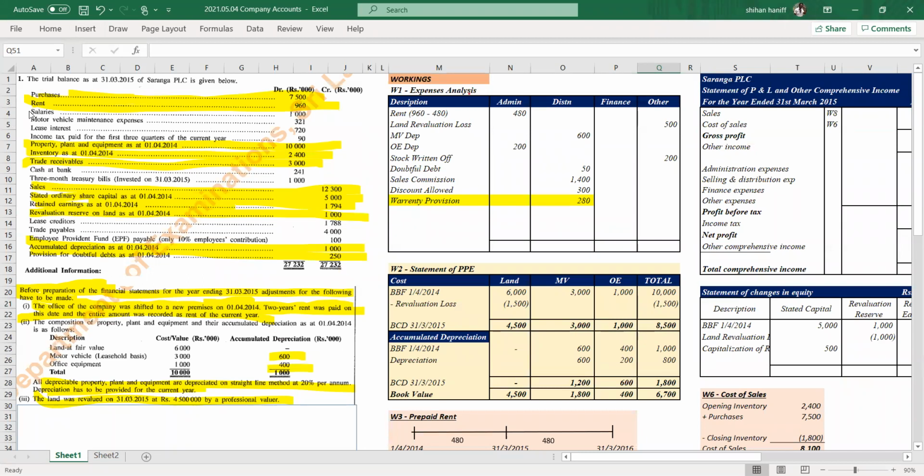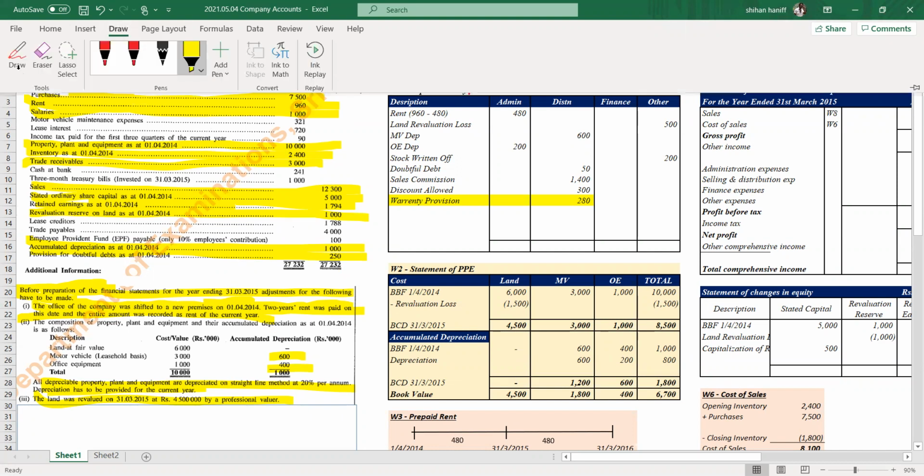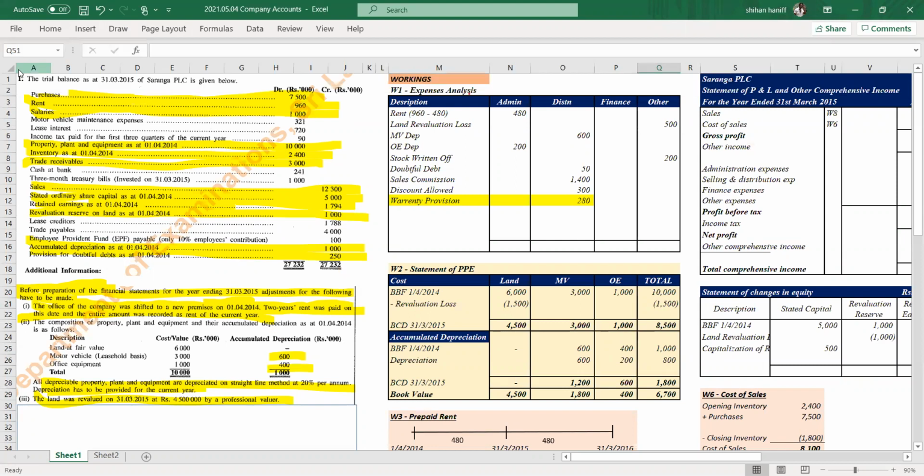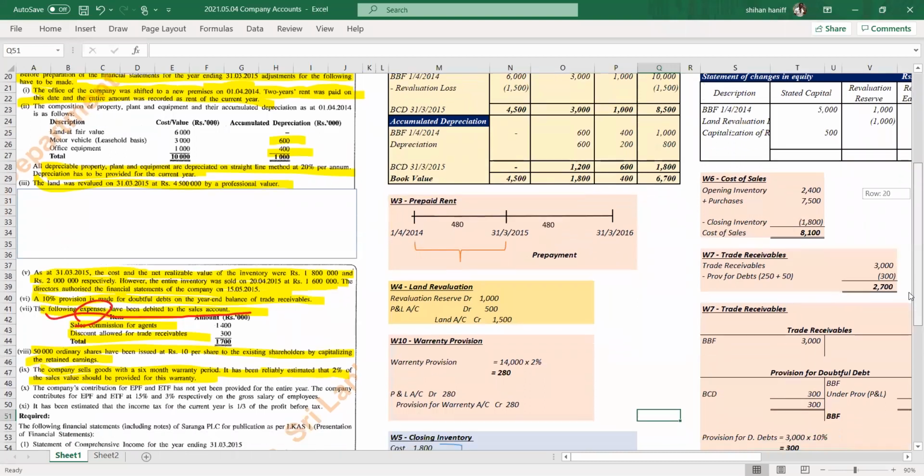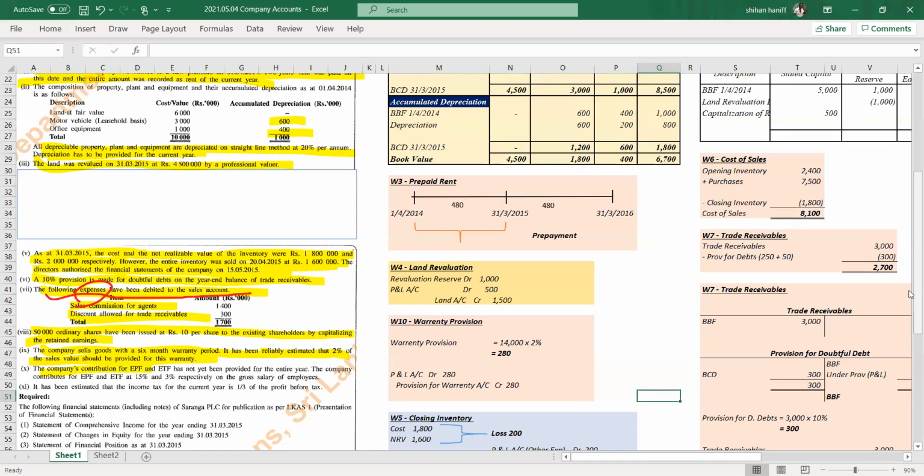Salary expense is 1,000, so for 1,000 we need to calculate EPF and ETF. The employees' contribution of 10% is already recorded, but the employer contribution is not recorded, at 15% and 3%.